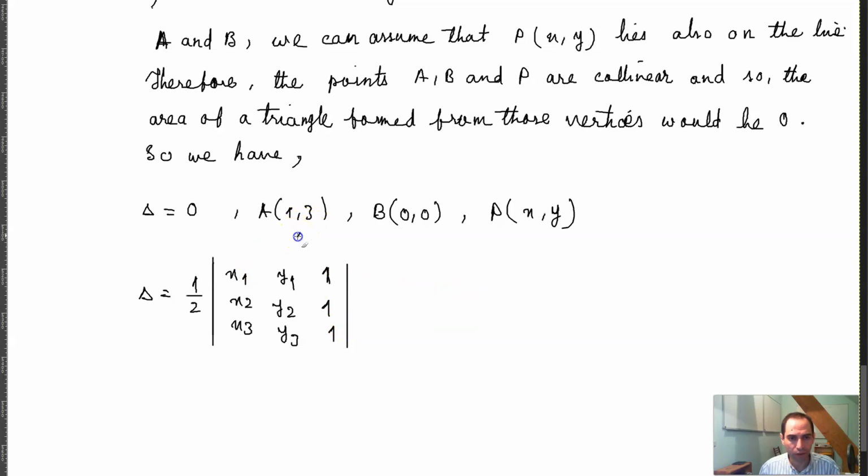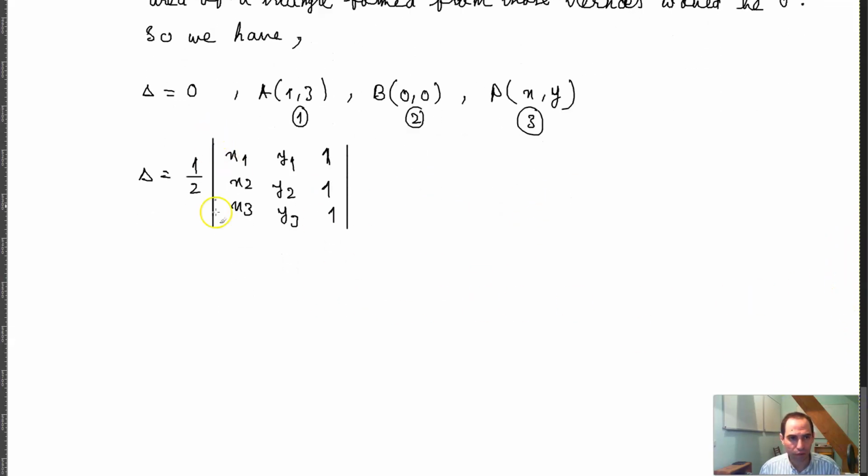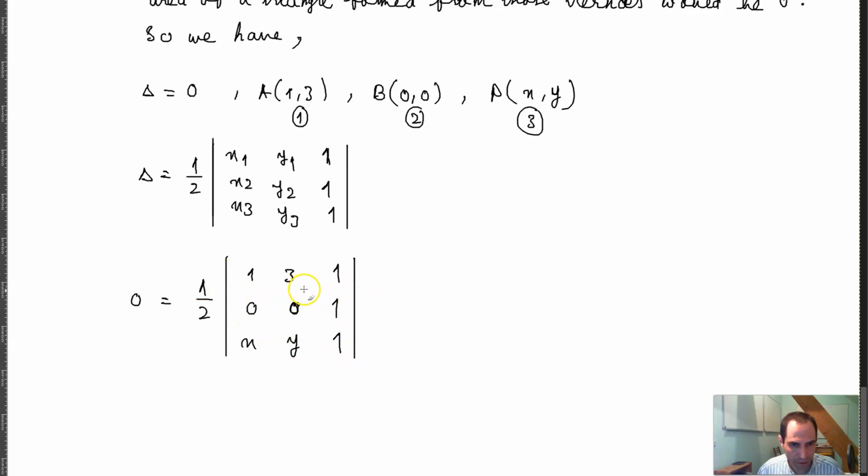So then I can take this as point 1, this as point 2, this as point 3, and I know that my delta is equal to 0, so I can write 0 is equal to 1/2 times: x1, y1 would be 1 and 3, x2, y2 would be 0 and 0, and x3, y3 would be x and y, and that would be 1 and 1. And then I can solve this determinant.